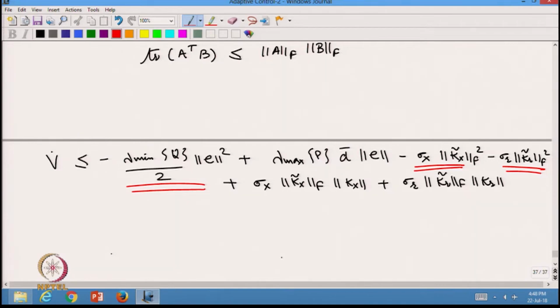One way that we can go ahead with this analysis is by combining these terms.